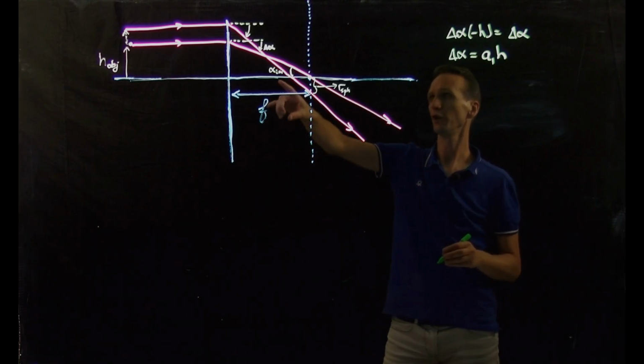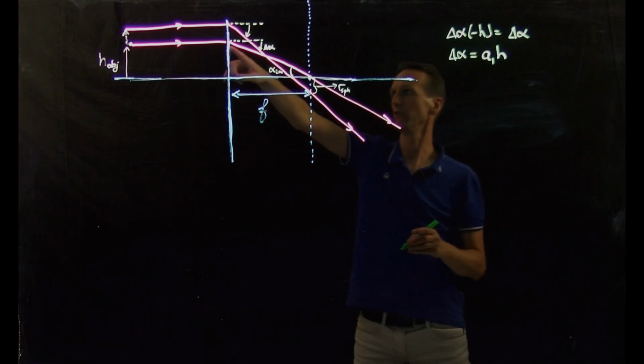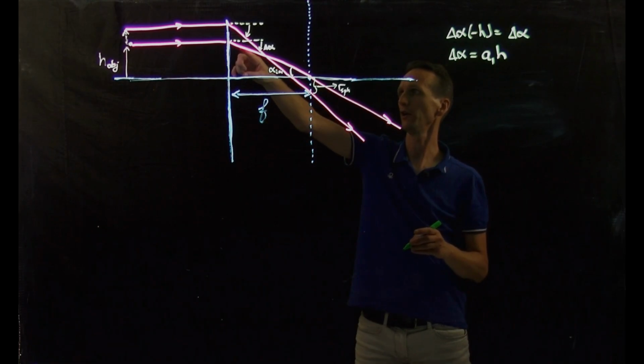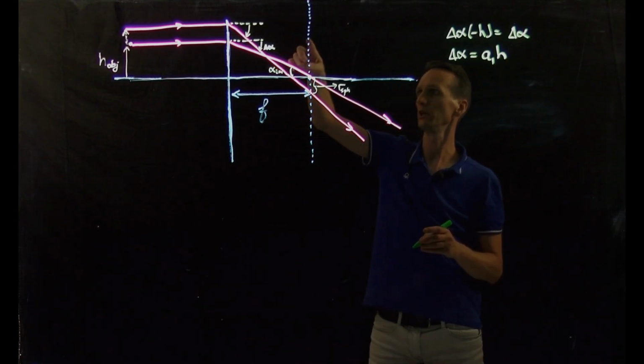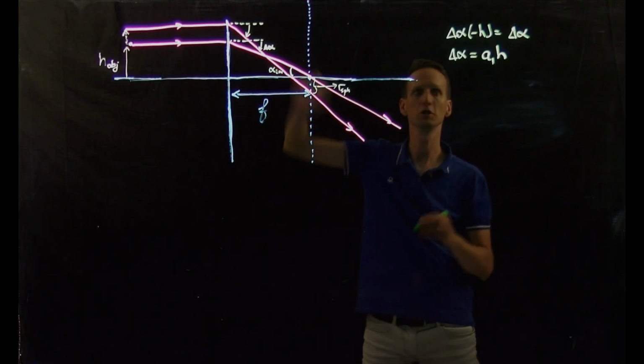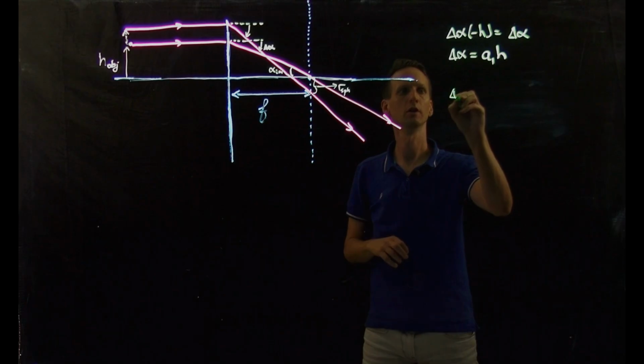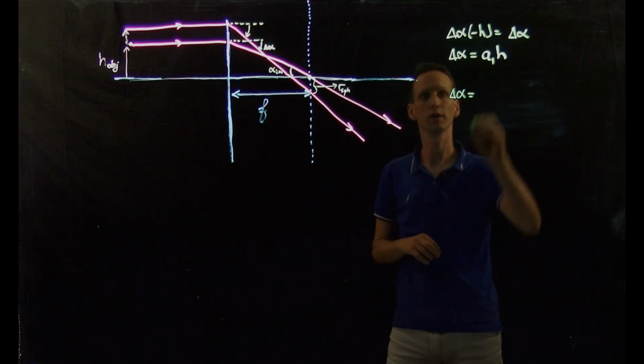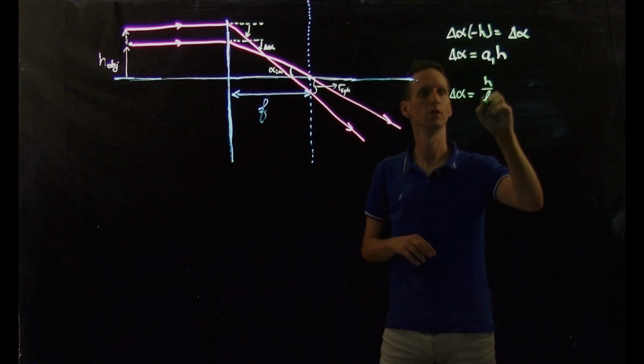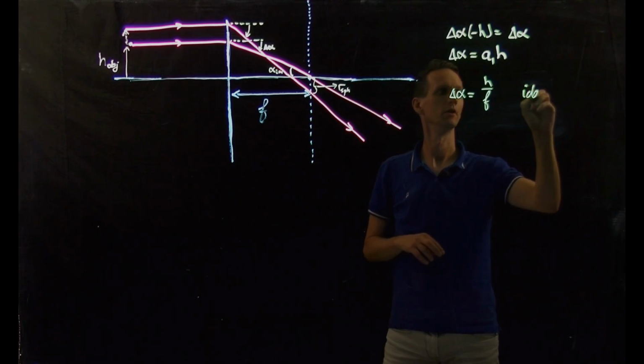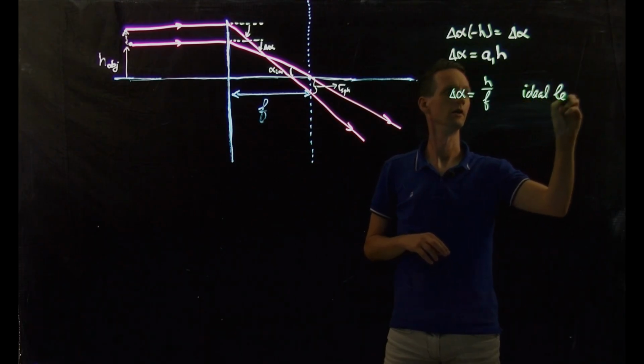We know that for the ideal lens, indicated by the ray here, that this delta alpha angle, the tangent should be equal to h over f, which in the small angle approximation is equivalent to delta alpha is h over f. This is for an ideal lens.